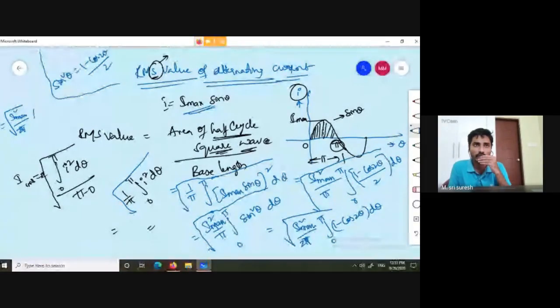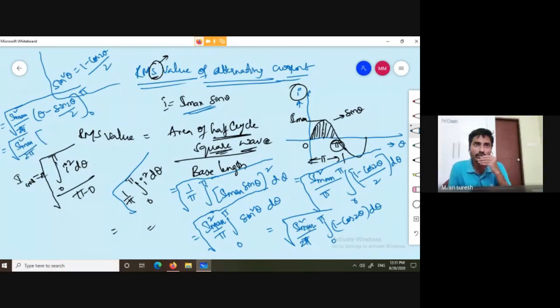Integration of 1 is nothing but theta, and integration of cos 2 theta is nothing but sin 2 theta by 2. Apply limits. We have applied integration and got I max square by 2 pi.